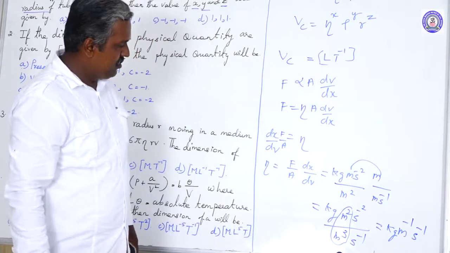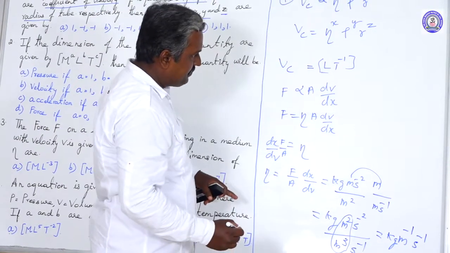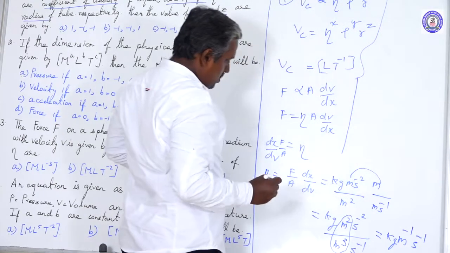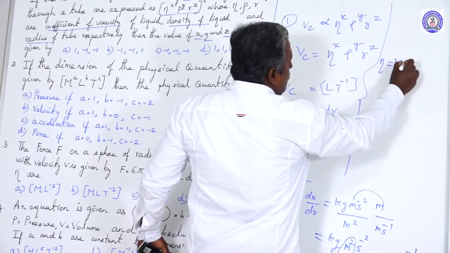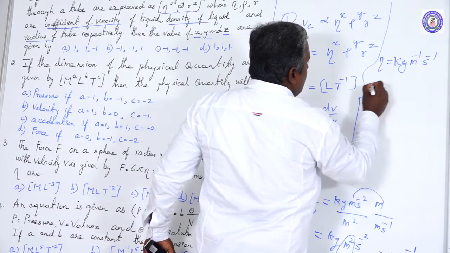So from this you can write the unit for eta, the coefficient of viscosity, kilogram m power minus 1 s power minus 1.